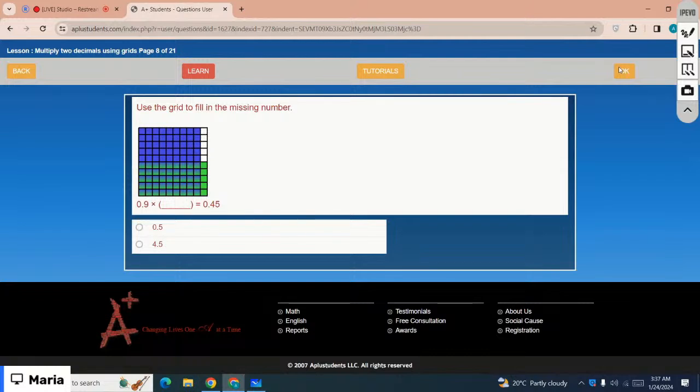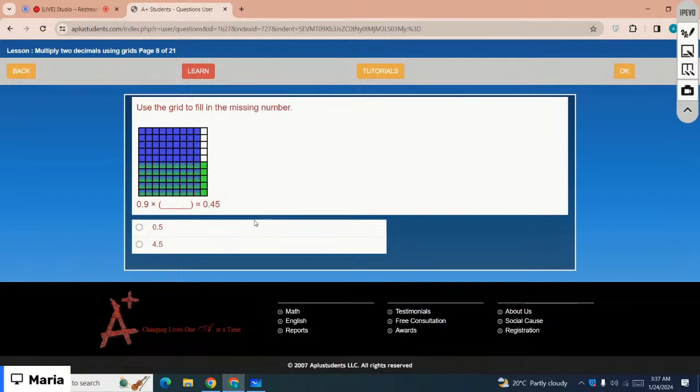Which option is the correct one? Very good.